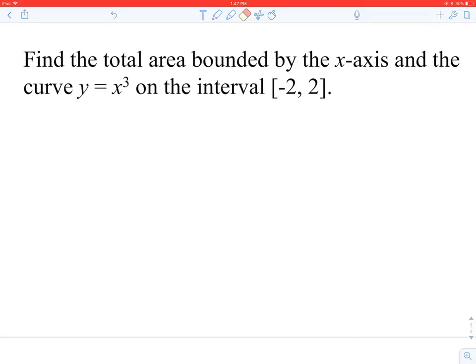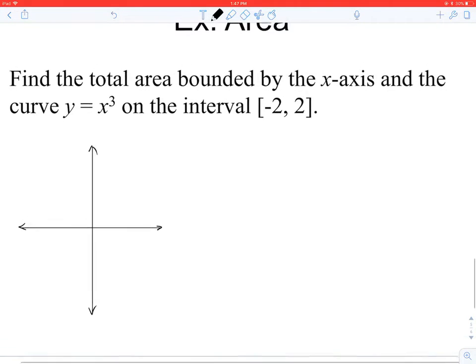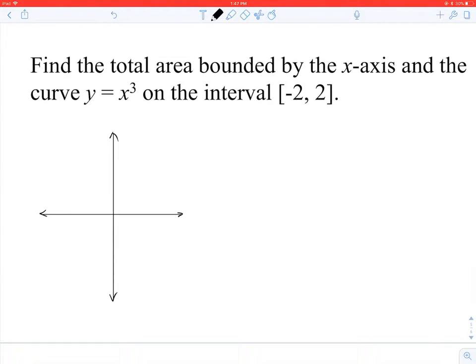Okay, so now we want to find the total area bounded by the x-axis and the curve y equals x cubed. So sketching what that looks like. Okay, so from -2 to 2.